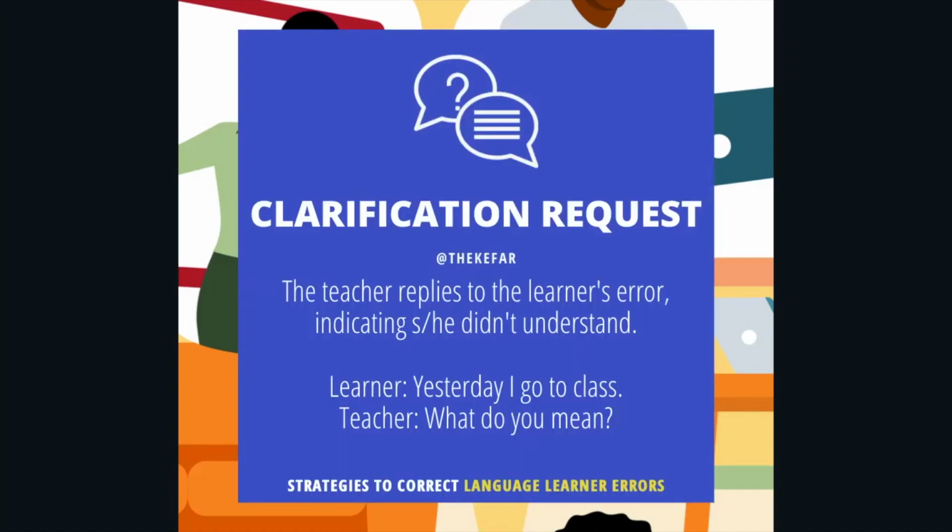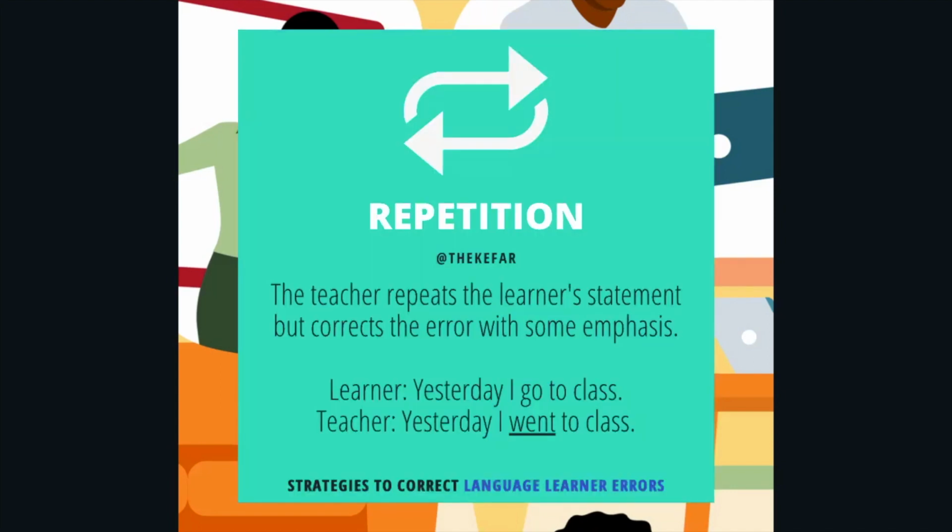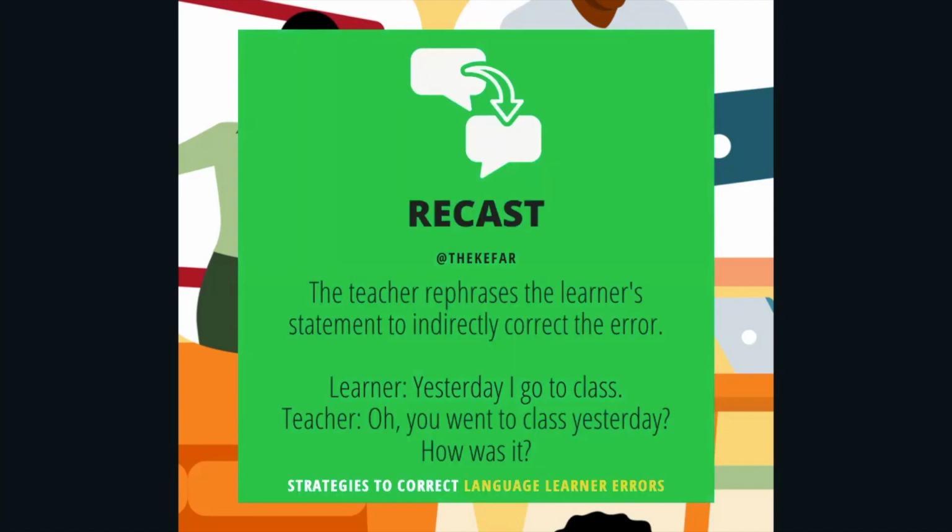Okay, so just to recap, a clarification request is when you reply to what it is that the student says and indicate that you don't understand to give them an opportunity to repeat what they said and hopefully correct their error. Repetition is when you repeat exactly what the learner says, but you correct their mistake with some emphasis so that it's clear what it is that you're correcting. Recast is where you restate what the learner says, but you do it in an indirect way to correct their mistake.